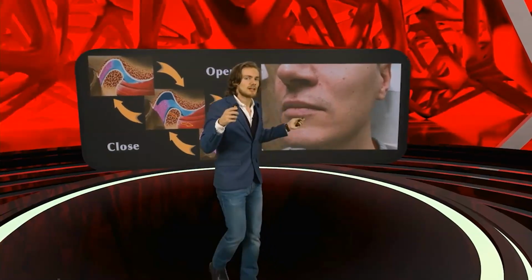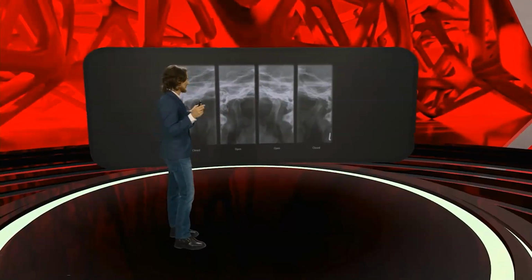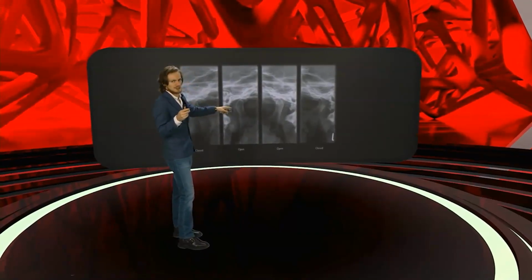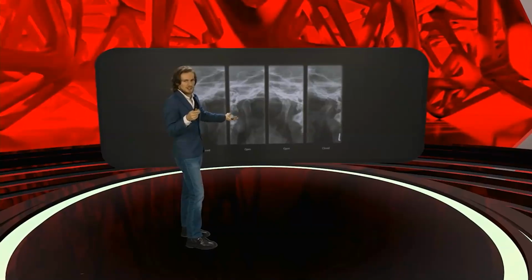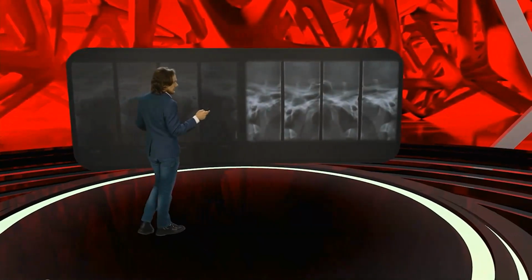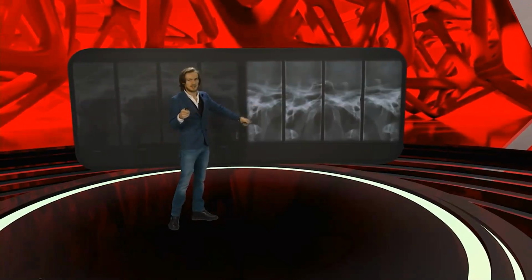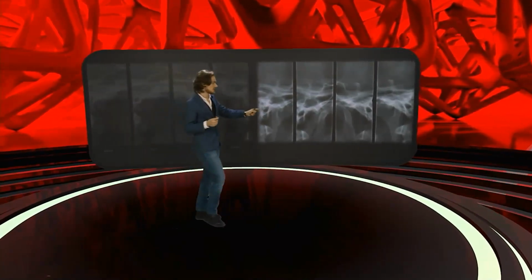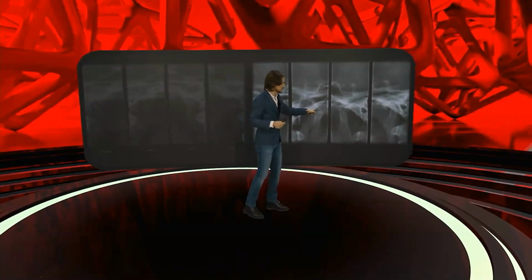We can diagnose it with some plain 2D pictures. And actually, if you use them, I think this is the only indication for those pictures, to check hypermobility, because we do not see much more than that. So in here, there is hypermobility because you see that the eminence was here and the condyle is in here.